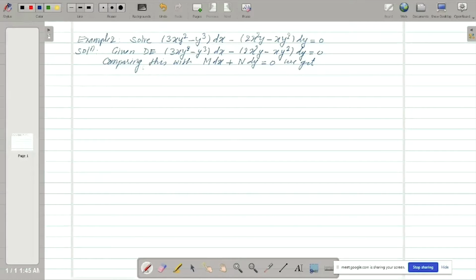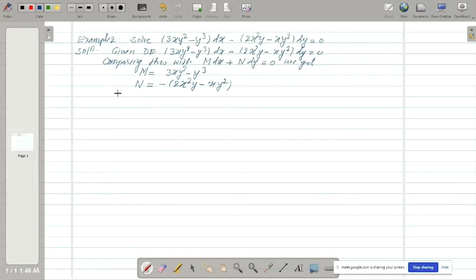We get M equal to the first part, that is 3xy² − y³, and N equal to the second part, by taking the minus sign, minus (2x²y − xy²). Okay, this is M and N. Now our job is to find the partial derivative of M and N with respect to y or x respectively.